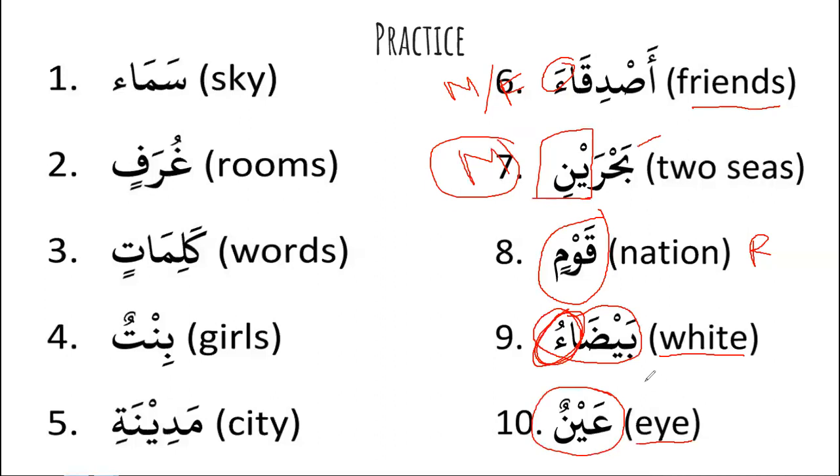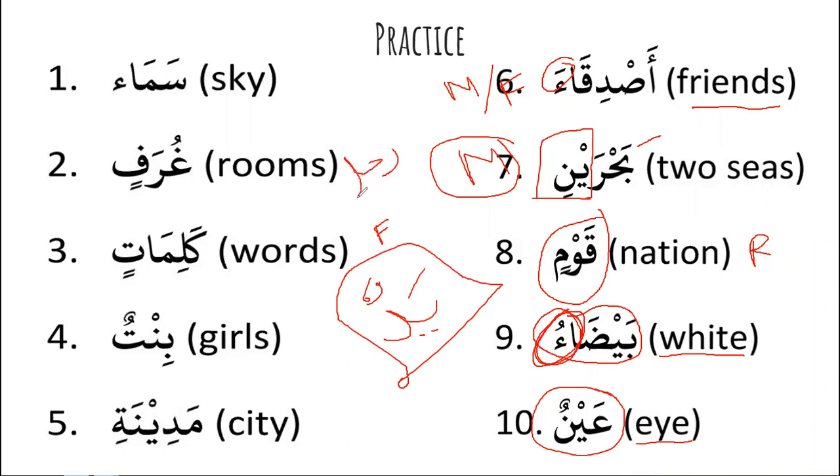The body parts, whichever body part we have two of. Like yadun. Yadun means hand, right? And how many hands do you have? Two. It's feminine, because Arab said so. Rijlun means leg. How many legs?